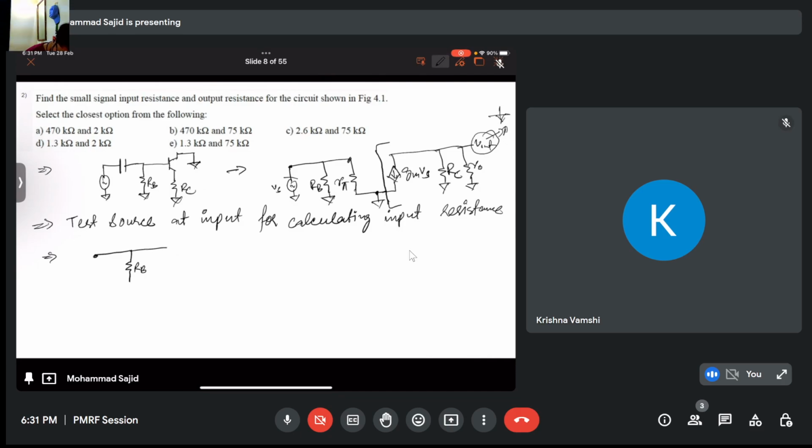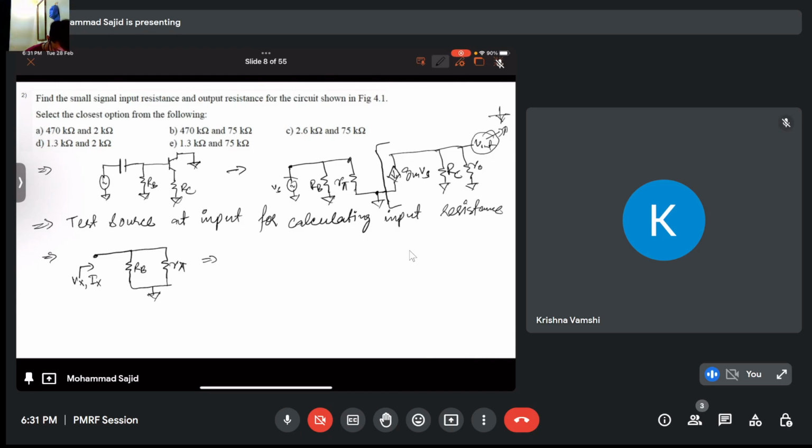This is my resistance, this is R pi. So what we have to do is attach a supply voltage here, Vx, Ix. Let Vx and Ix be the test voltage and test current. Ix will flow in this branch.